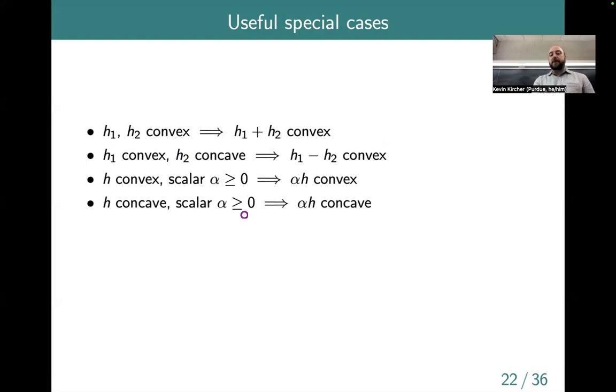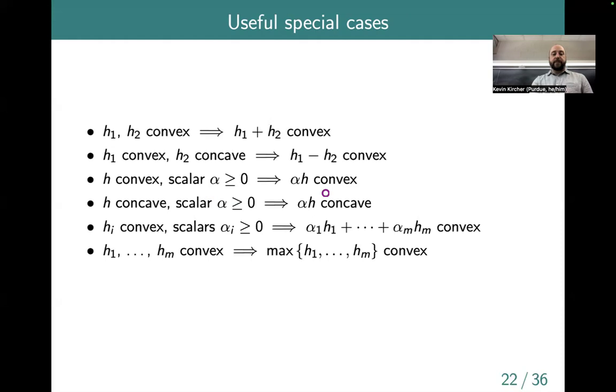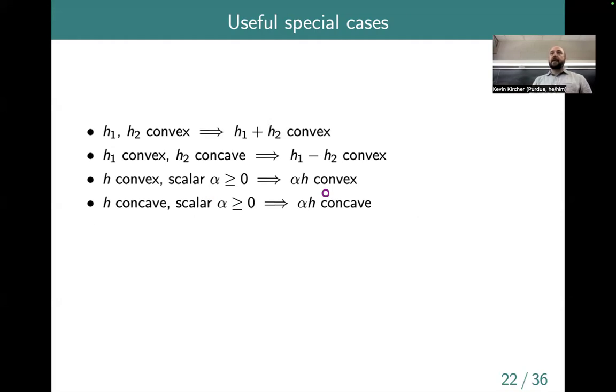Or you do the same thing with a concave function. Nothing has changed. You maintain the same curvature. So if you have x squared or 5x squared, nothing has really changed with curvature. Of course, if you multiply by a negative scalar, so if you go from x squared to negative x squared, then this is no longer true. If you multiply by a negative scalar, it will become concave.